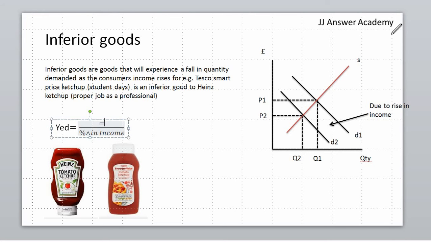So it's going to be minus 10%, and that was because the customer's income went up by 5%, which is a plus 5%. So minus 10% divided by 5% equals minus 2. This is important to understand.